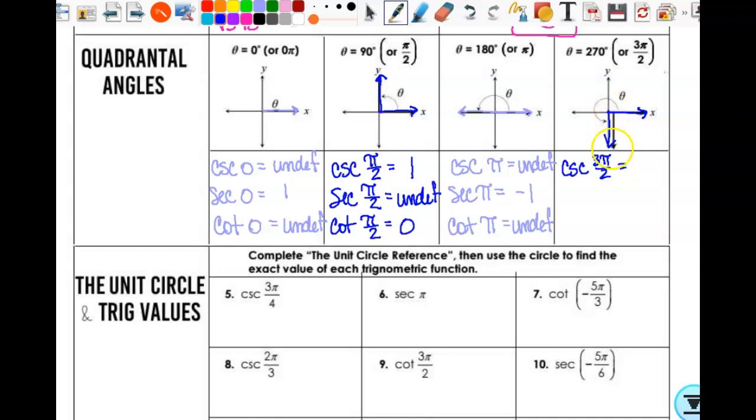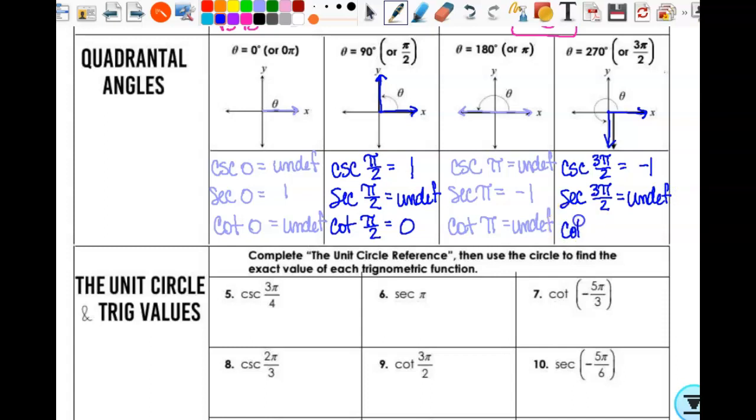Think about where you are, 0, -1, right? So if the sine is -1, the reciprocal of -1 is -1. Then the secant of 3 pi halves, that's the reciprocal of cosine. Cosine of 3 pi halves is 0, so that means the secant is undefined.